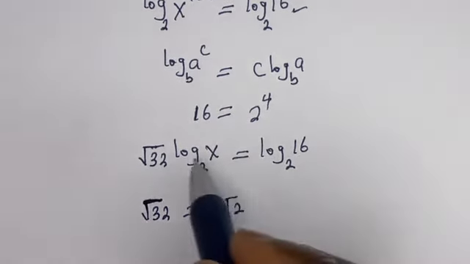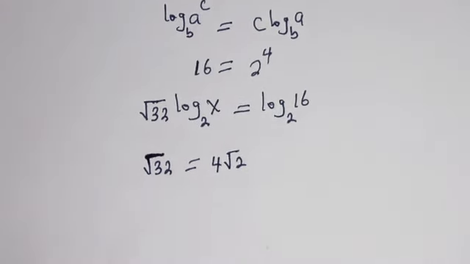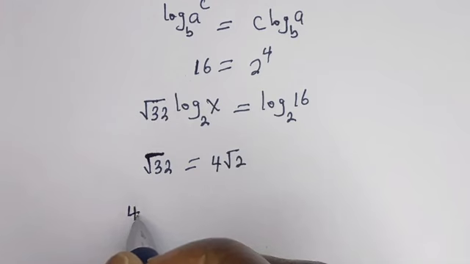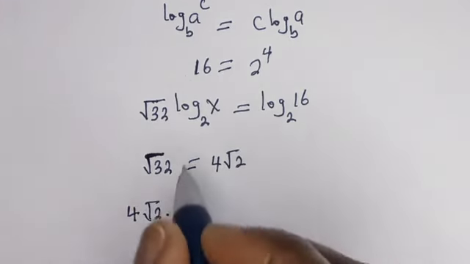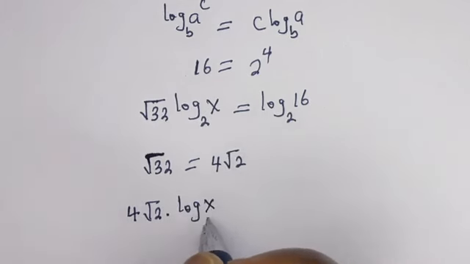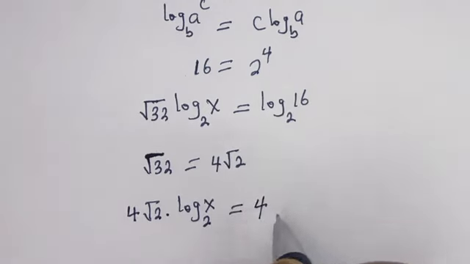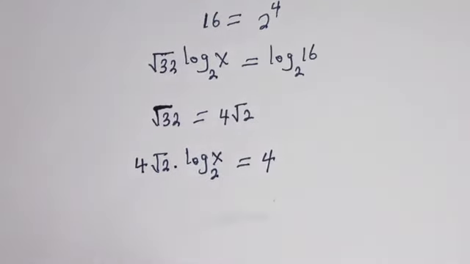Then the whole of this equation becomes 4 root 2 multiplied by log s base 2, is equal to 4. Now let's divide both sides by 4 root 2.